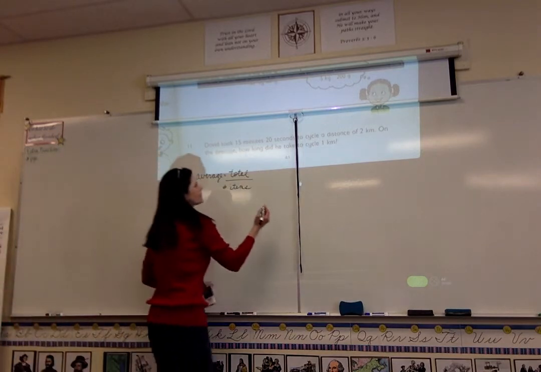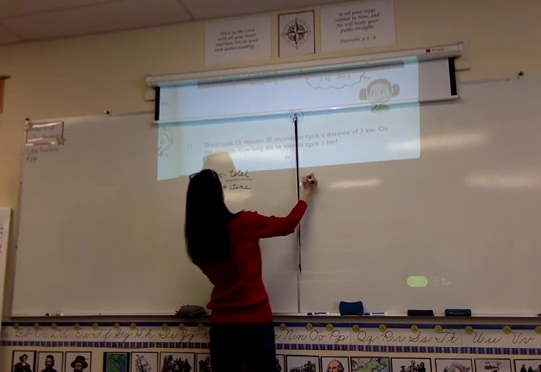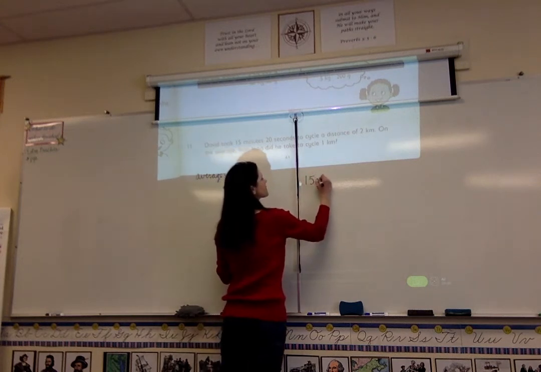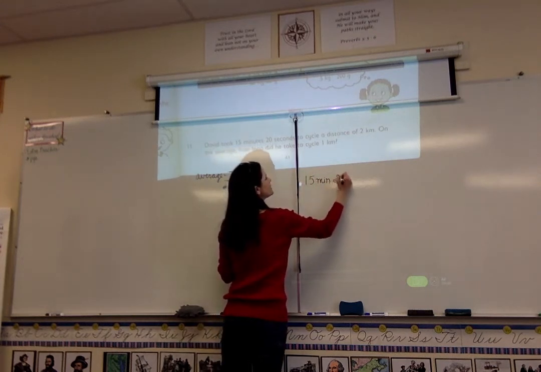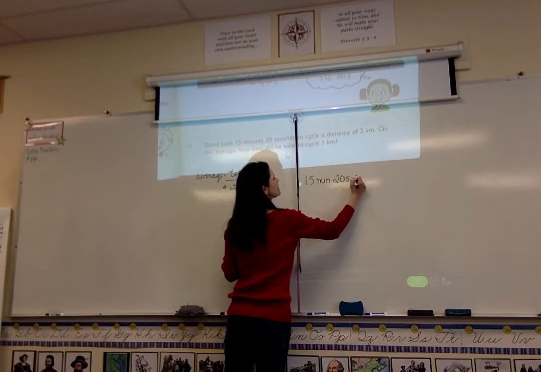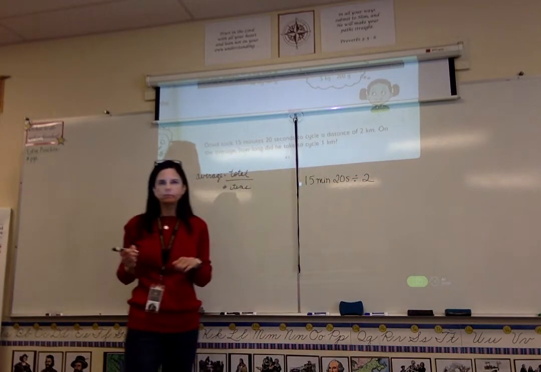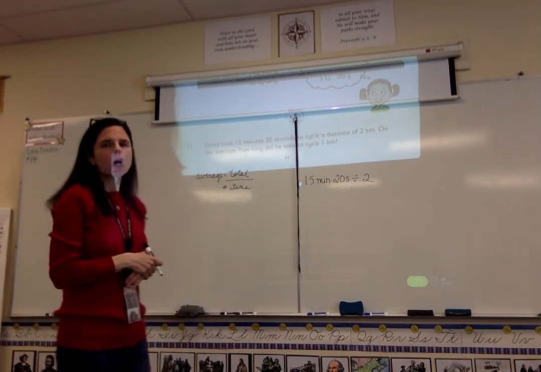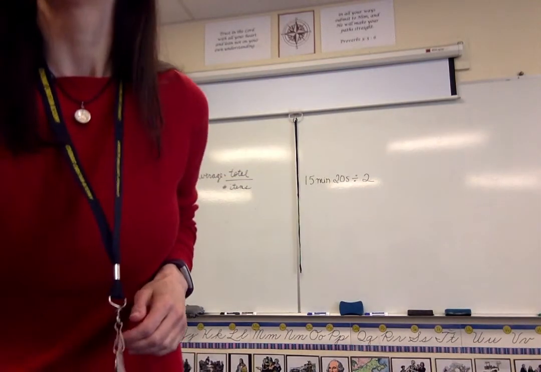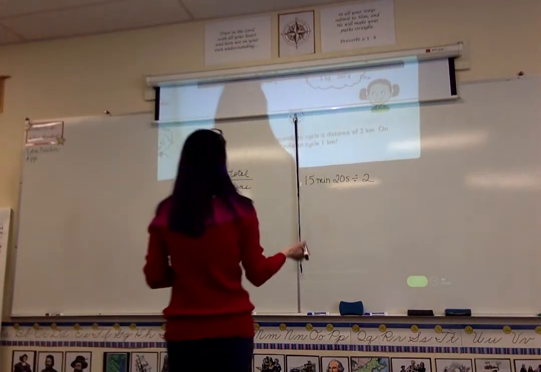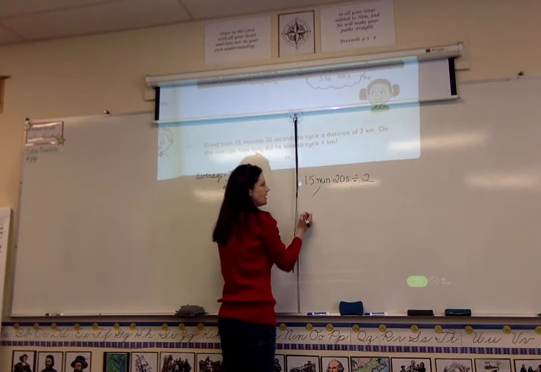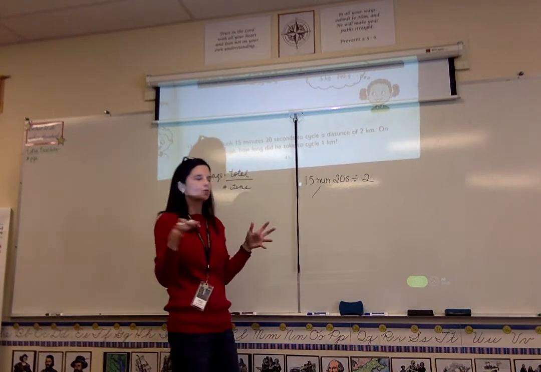So we have 15 minutes, 20 seconds divided by 2. Okay, so let's first start with the minutes. We're going to divide the minutes by 2 first. So we're going to draw that branch off again. We're dealing with each unit individually.